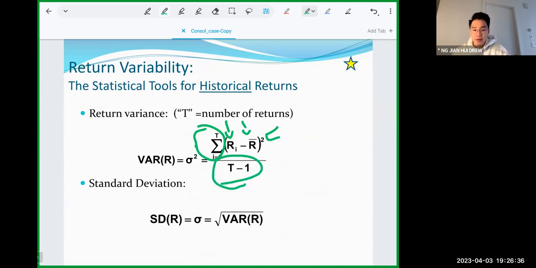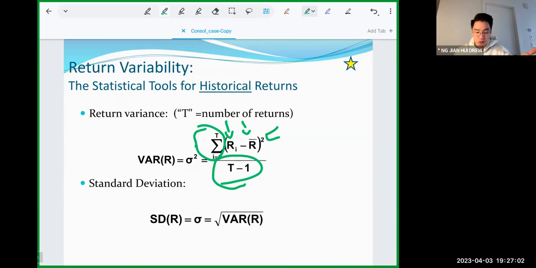Anyone knows why we do t minus 1 here? Can you recall, I think probably in secondary school, your teacher might have mentioned this, because variance and standard deviation are part of your O-level syllabus. Anyone remember why must it be t minus 1?